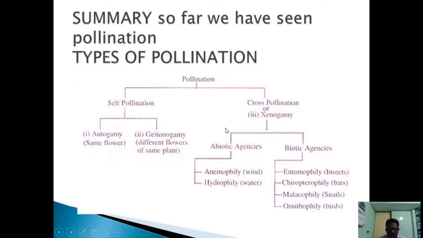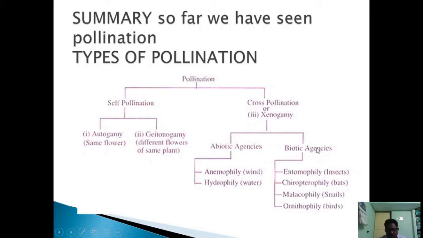Okay, now summary of so far what we have seen. Types of pollination. Basically there are two types, self-pollination and cross-pollination. Self-pollination is of two types, autogamy and geitonogamy, what we have seen, and cross-pollination is getting divided into different types based on the agent which pollinates, either it may be an abiotic or a biotic agent. And we have seen the details of anemophily and hydrophily.